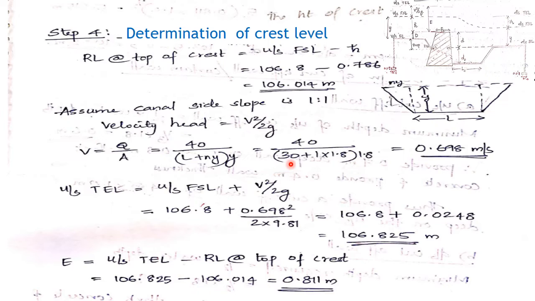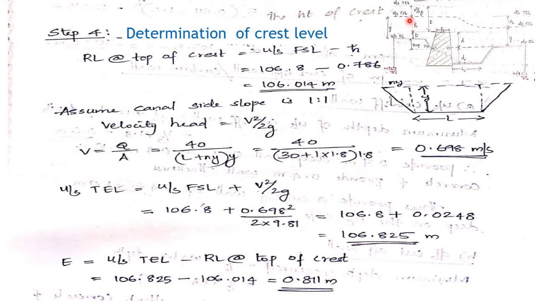Therefore, after substituting, 40 by 30 plus 1 into 1.8, where n is equal to 1 as the side slope is 1:1, into y, that is 1.8, whole multiplied by 1.8. Hence, velocity is obtained as 0.698 meter per second.